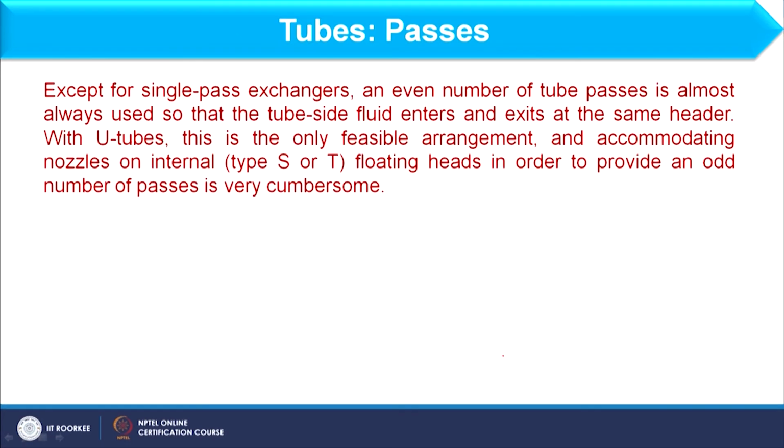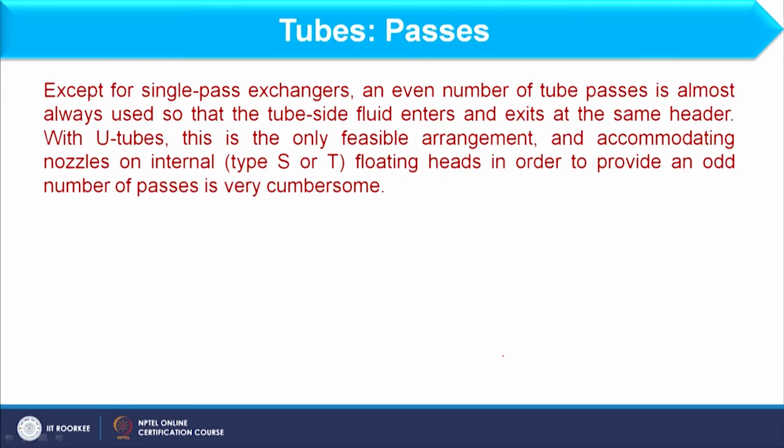Okay. One point I have to tell you is that the total number of passes is usually even, not odd, because we usually consider the inlet and outlet at one side only, that is the front side. At the rear side of the heat exchanger there are different assemblies; for example, to allow for thermal expansion and contraction we have the U tube.